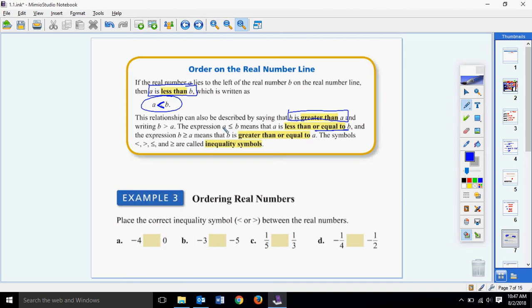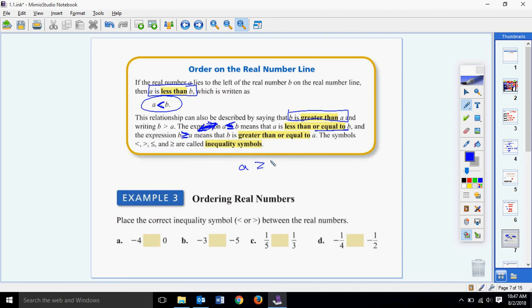So this could be read as A is less than or equal to B. It could also be written as B is greater than or equal to A. Notice how the alligator mouth is eating B here, and the alligator mouth is also eating B here. Nothing has changed. These two problems are the exact same. They're equivalent. They mean the same thing.